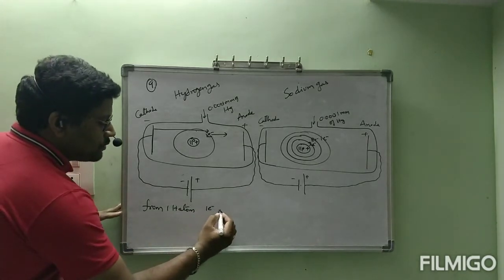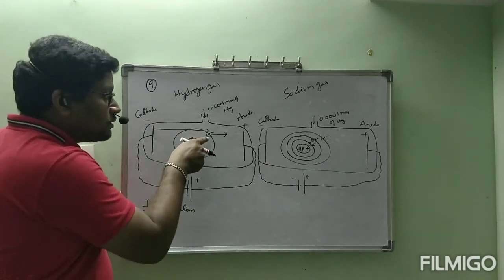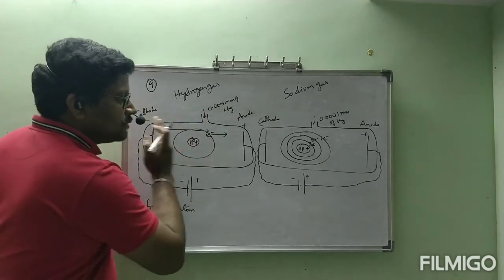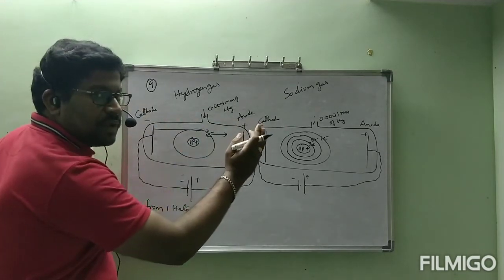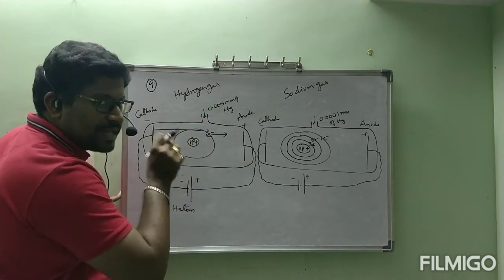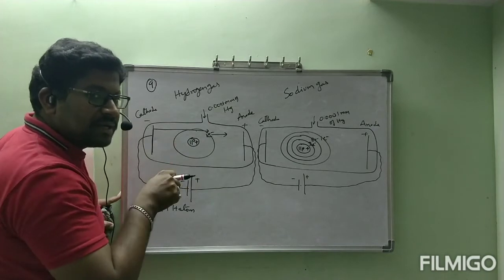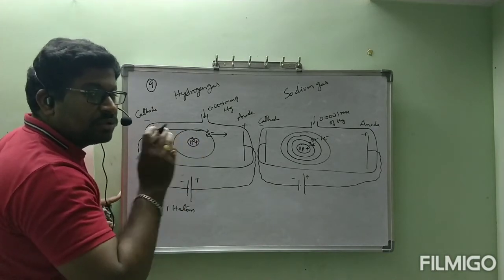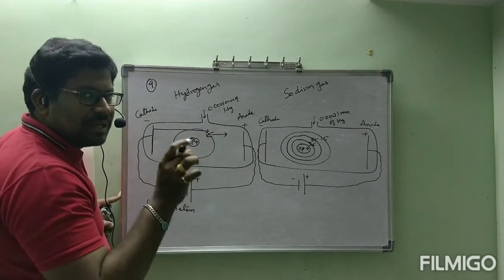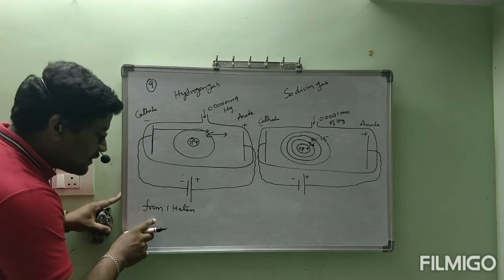That electron which is coming out appears as traveling from cathode to anode. So those are cathode rays only. This is one atom only. Like that, so many atoms are there. From each atom, we will get one electron. Those are traveling from cathode to anode. That is called cathode rays. Now, cathode rays from hydrogen atom.